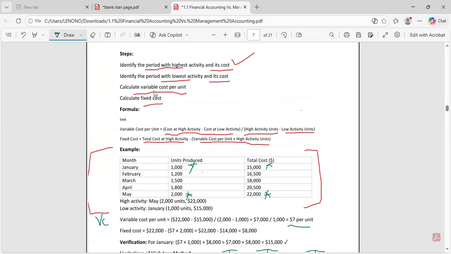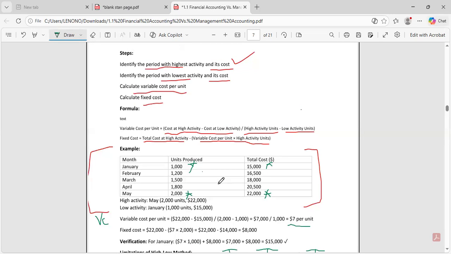So this is how you get the fixed cost and the variable cost per unit. Variable cost per unit, as I emphasize, is the cost at high activity minus the cost at low activity, divided by the high activity units minus low activity units, to get the appropriate variable cost per unit. And fixed cost.